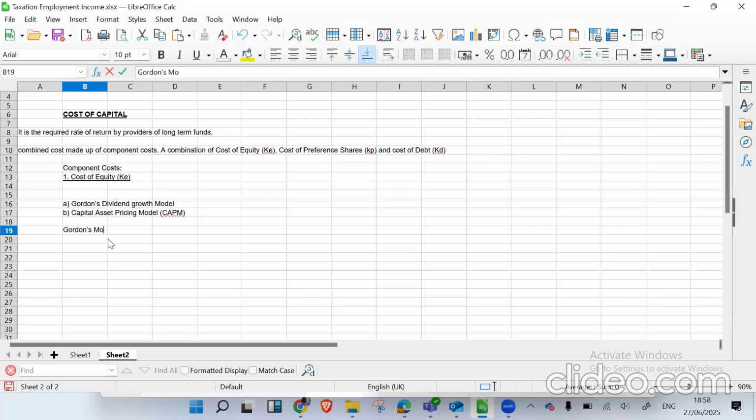So Gordon's model. Now, you remember the Gordon's model we used under valuation of ordinary shares. We had different models there, among them this model. So we are borrowing from that concept, and all the assumptions associated with it will still hold.